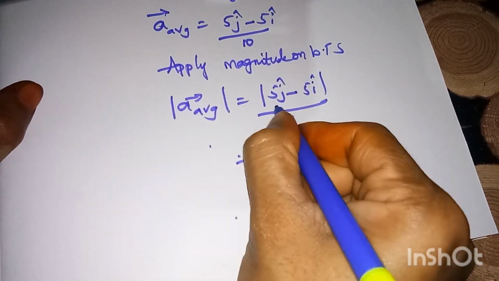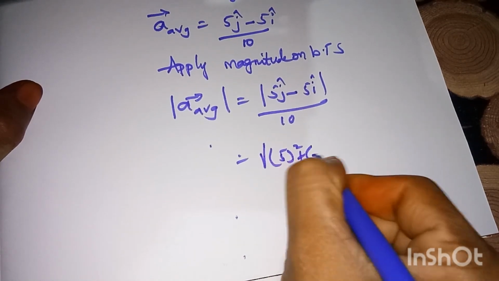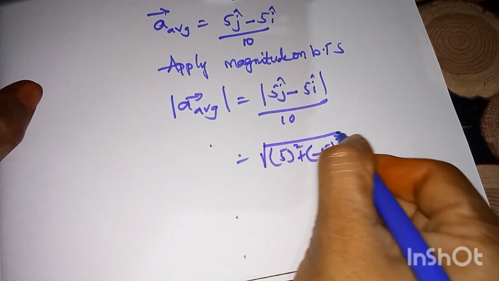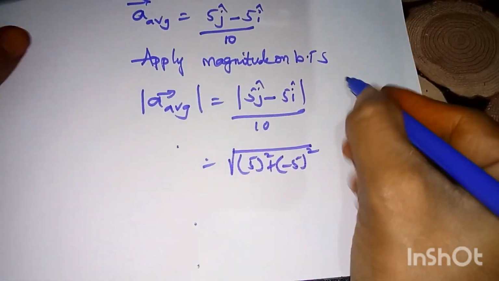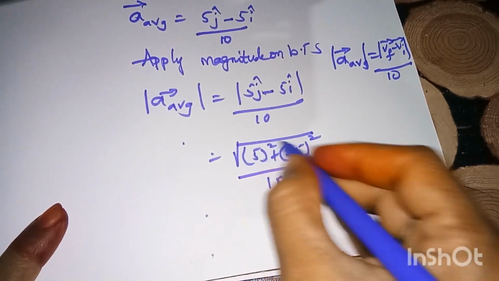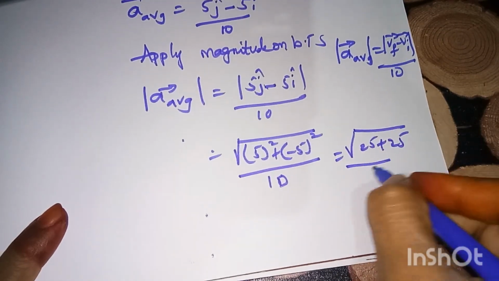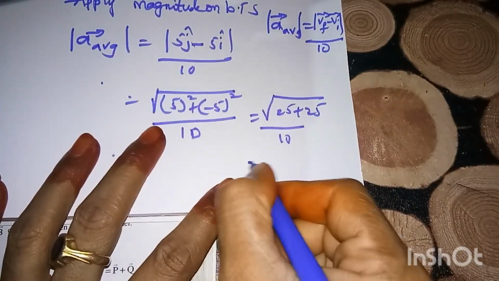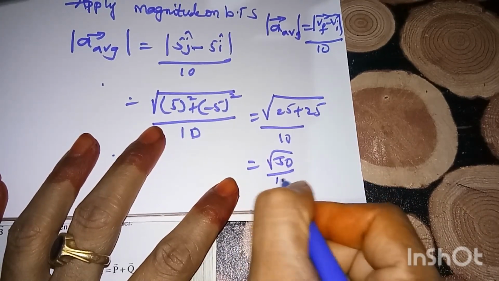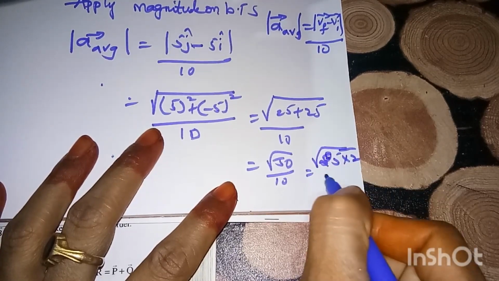So the magnitude you can find as the square root of 5 squared plus minus 5 squared, by 10. 5 squared is 25 plus 25, by 10. So root 50 by 10. Root 50 can be written as root of 25 times 2, by 10.